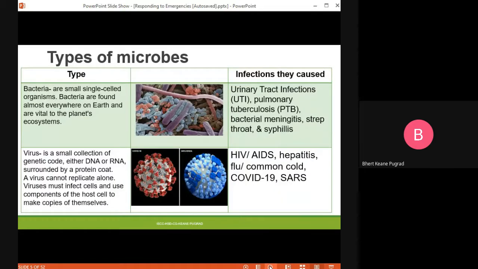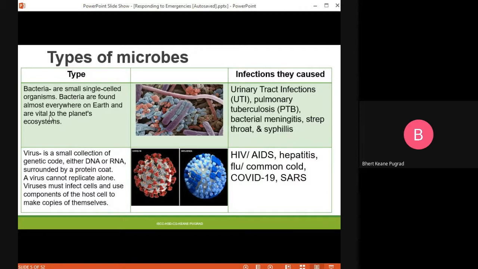So these are the different types of microbes, their visual representation, and the infections that they cause. First, we have bacteria. Bacteria are single-celled organisms that are present on our planet. These bacteria are very vital to the planet's ecosystem.